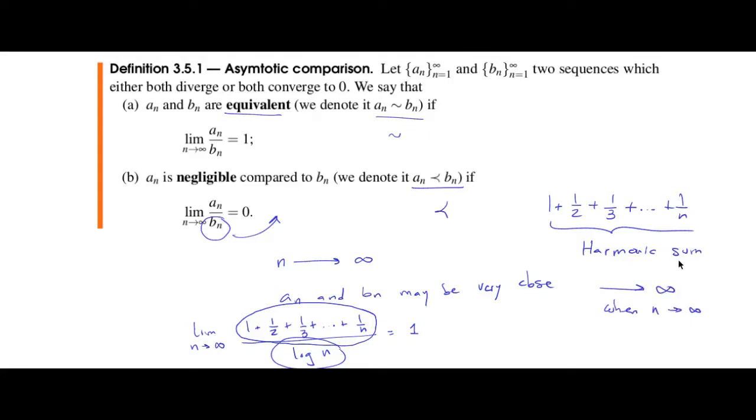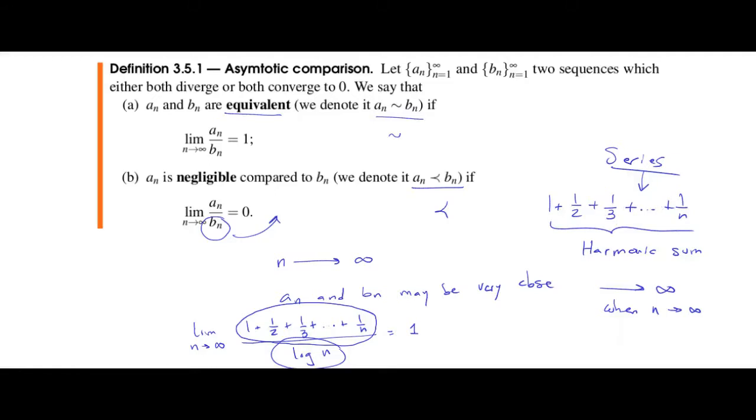This is the sum of an infinite number of terms that are smaller and smaller, and it still goes up to infinity when n gets large. We will see this in the next unit, which is about series, which is about infinite sums. We'll see that in the next videos.